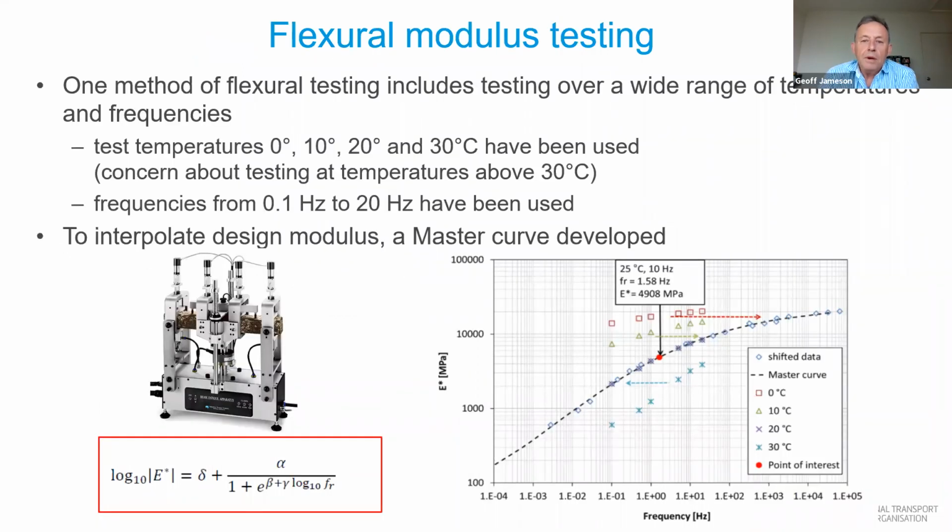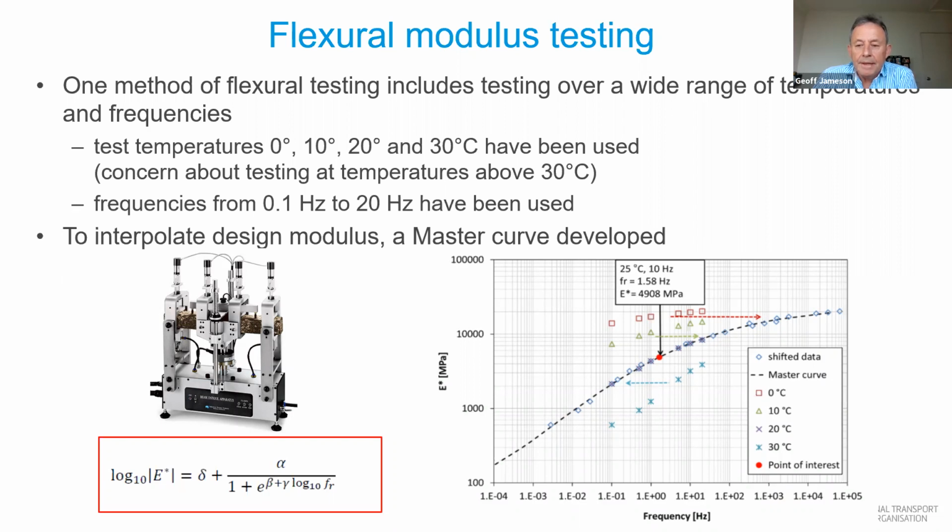When this test is undertaken on lab manufactured beams, we test over a range of temperatures and a range of loading rates, because as we mentioned earlier, the modulus of asphalt varies with both temperature and rate of loading. The higher the temperature, the lower the modulus, and the higher the loading rate, the higher the modulus.